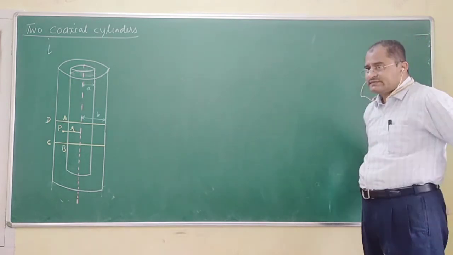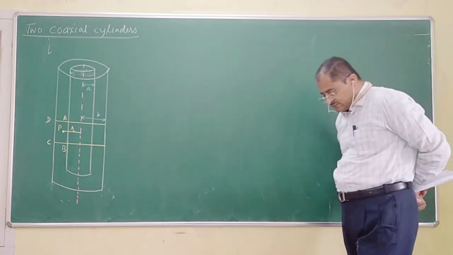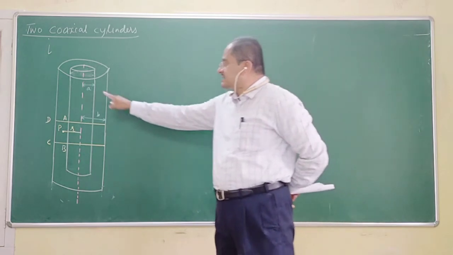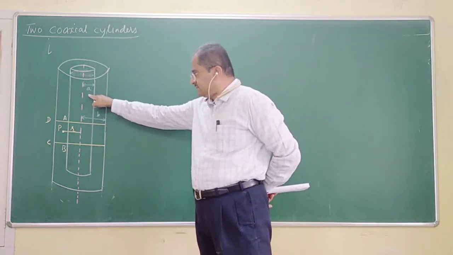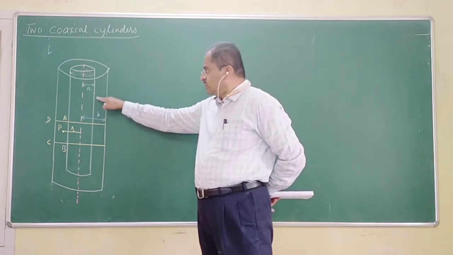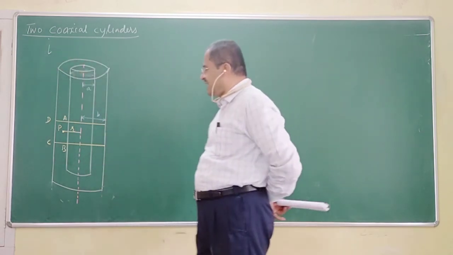I repeat, we consider two cylinders coaxial with one another. Radius of the inner cylinder is A. Radius of the outer cylinder is B. Through the inner cylinder, a current of I amps is flowing.